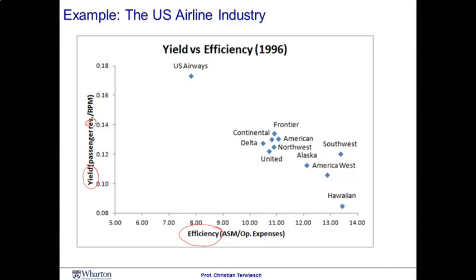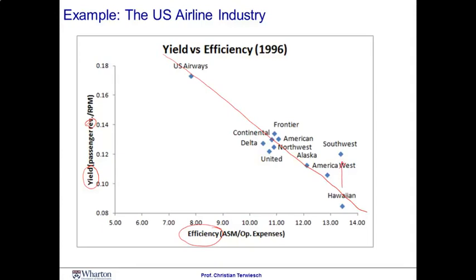We see a line that roughly looks like this, and that captures basically all of the big airlines along a pretty linear line. The interesting outlier on this graph is Southwest Airlines.